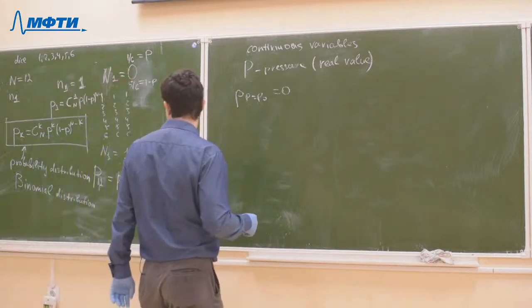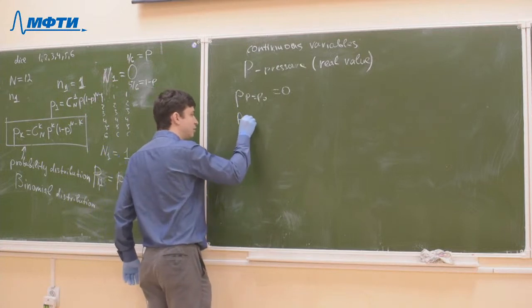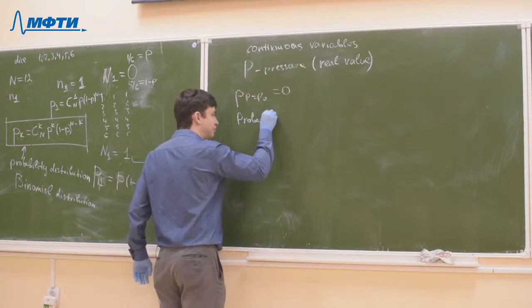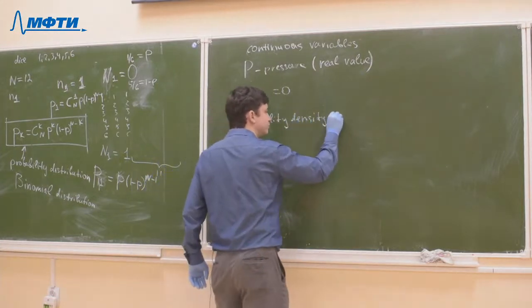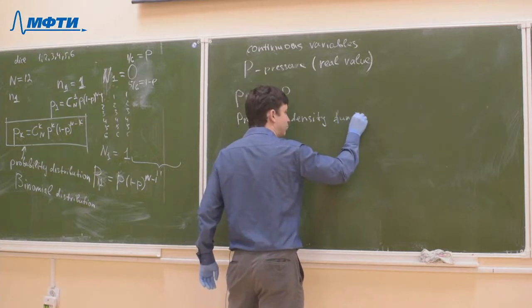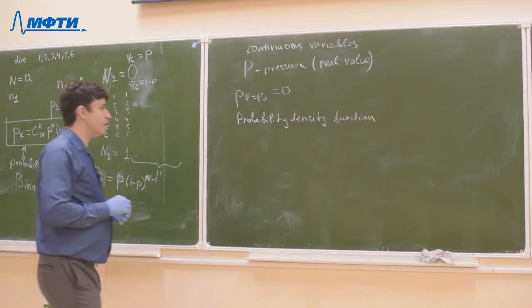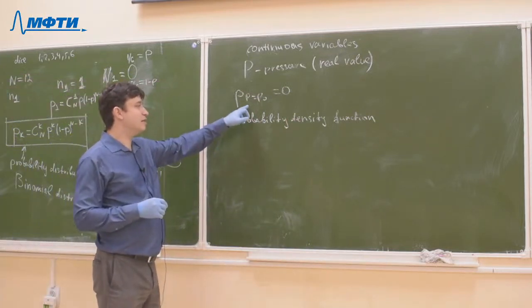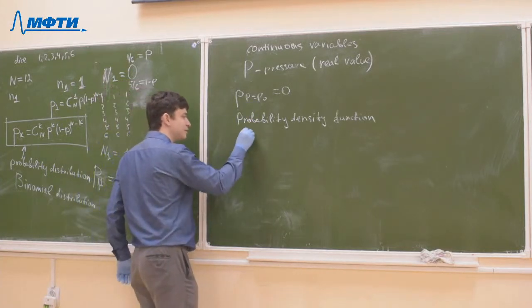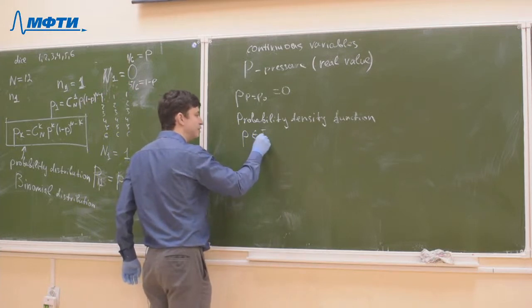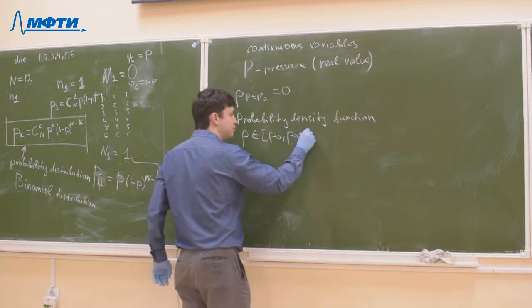Instead of this function, we have a probability density function. How is this probability density defined? Let's find the probability that the pressure of the gas is in between P0 and P0 plus a small dp.